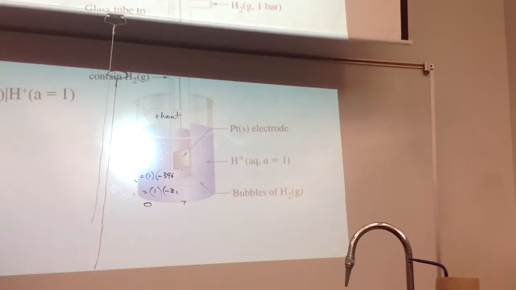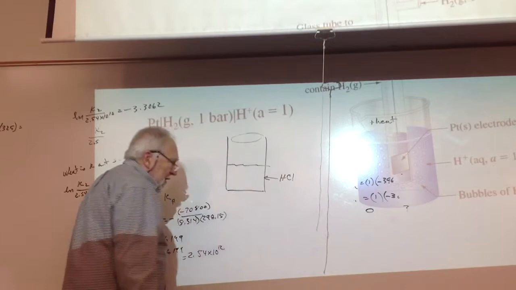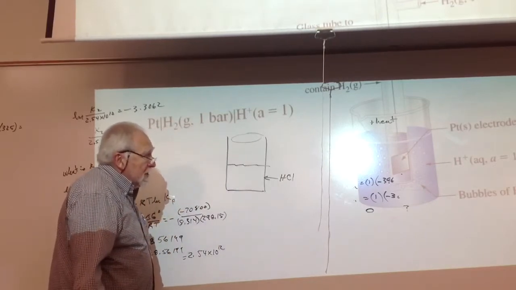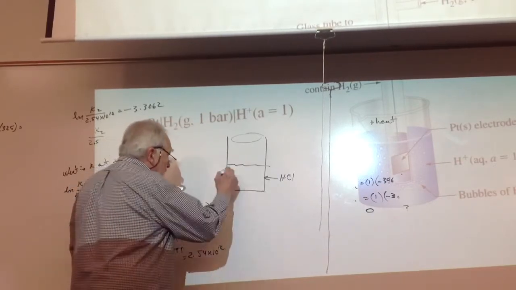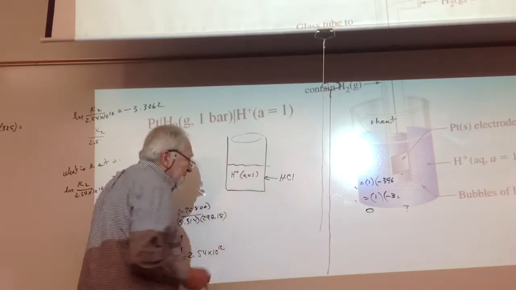I like the old-fashioned picture where here you have your beaker. You have HCl, and it's specifically HCl that you have to have in there, but it associates to give you hydrogen ion, activity 1.